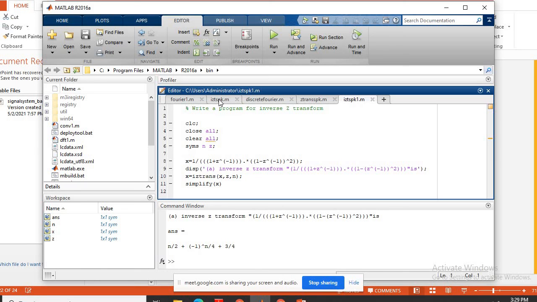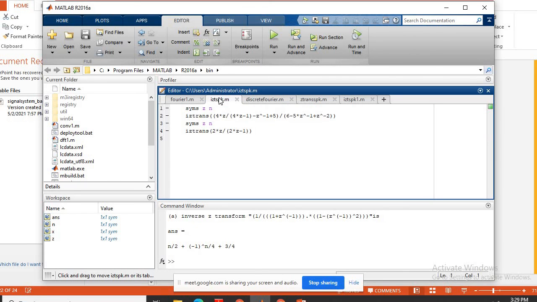So this is one more I have done. 2z divided by 2 into z minus 1. Like that, and directly I will put the expression here. One polynomial: 4z divided by 4 into z minus 1 minus z raised to minus 1 plus 5, and this is divided by some pole, zero kind of a thing I have done, and the inverse Z transform.